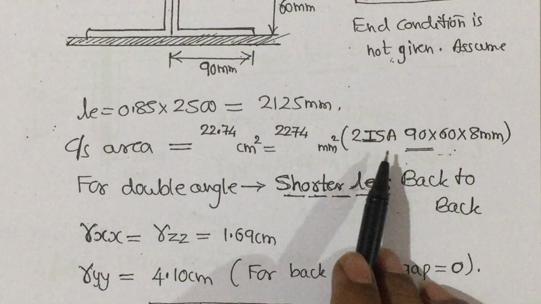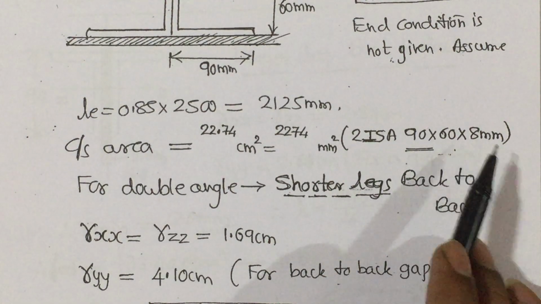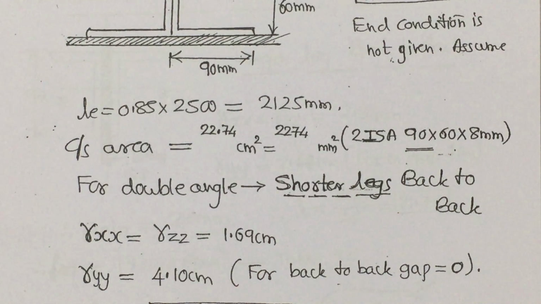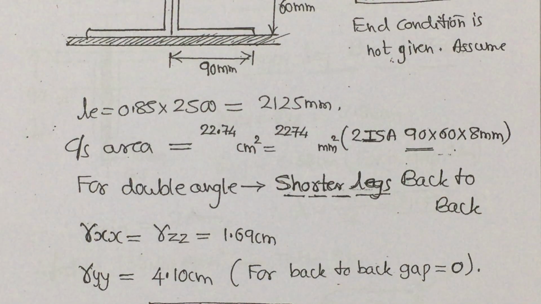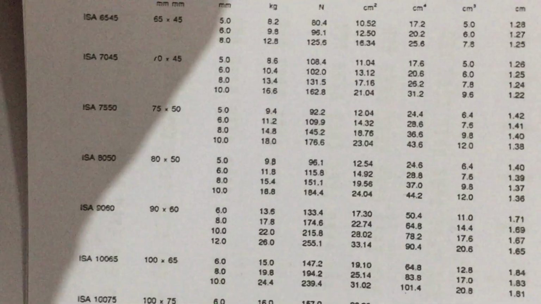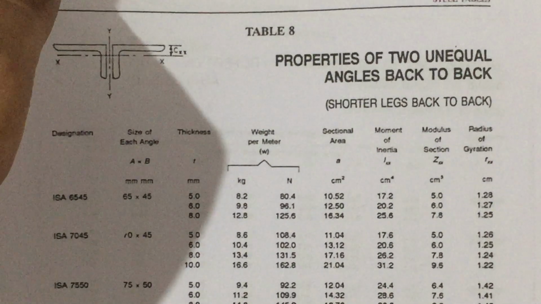Then from the steel table for 2 ISA 90 by 60 by 8 mm, okay, from the steel table, I will show you here.